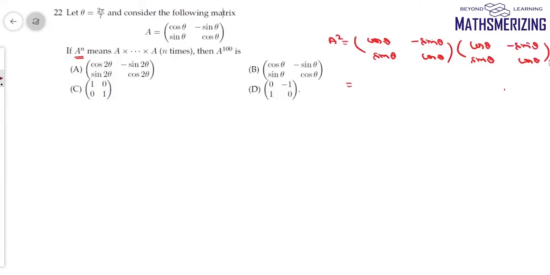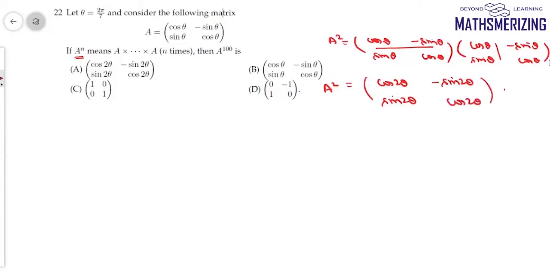So if I multiply it, I'll get cos square theta minus sin square theta, which is cos 2 theta. Here I'll get minus sin theta cos theta minus sin theta cos theta. So I'll get minus sin 2 theta. So here again I'll get sin theta cos theta, so again I'll write it as sin 2 theta. And here again I'll get cos 2 theta.